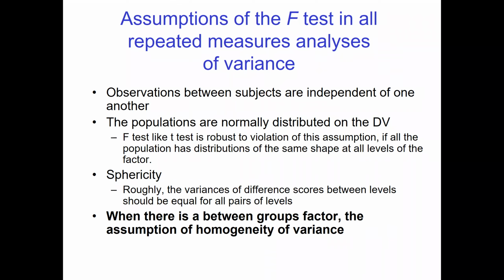So the repeated measures have assumptions. First of all, the observations between subjects are independent of one another.